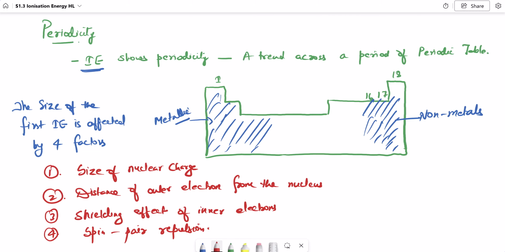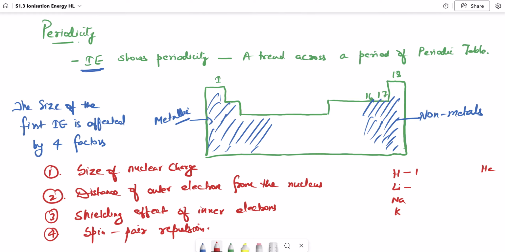So the ionization energy increases across a period, and as you go down a group, let's take the example of the first group: hydrogen, lithium, sodium, potassium.